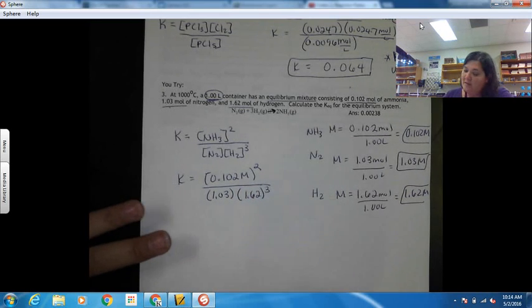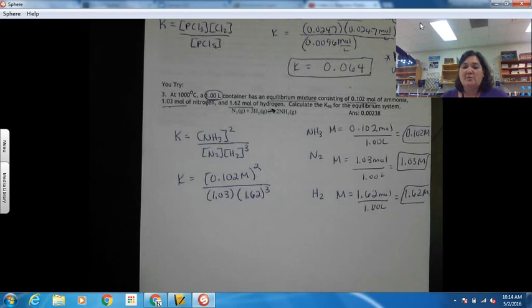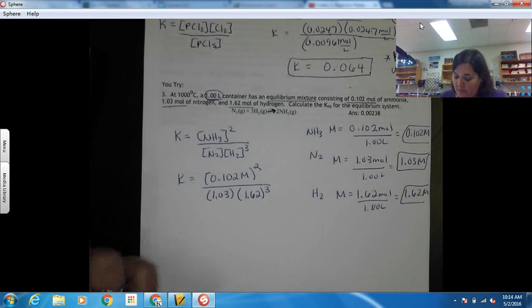Now this is where your calculators might be a little tricky for you. So you want to make sure that you use parentheses correctly, or that you simplify first. Okay? So if you just want to use your parentheses, you can just do 0.102 and then square. Then you would have to hit divide, and then you would need parentheses.